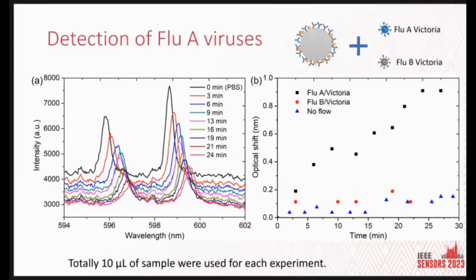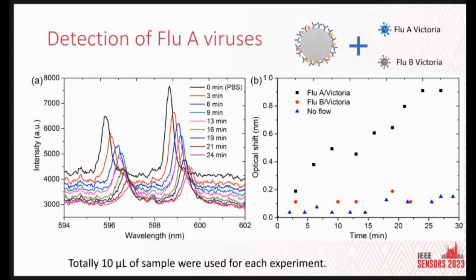over different times of measurement, we're continually supplying this virus sample into the system. We measure for up to 24 minutes, consistently detecting the virus using the microspheres. And we also perform a control experiment with a virus which does not specifically bind to the antibody that we're using.